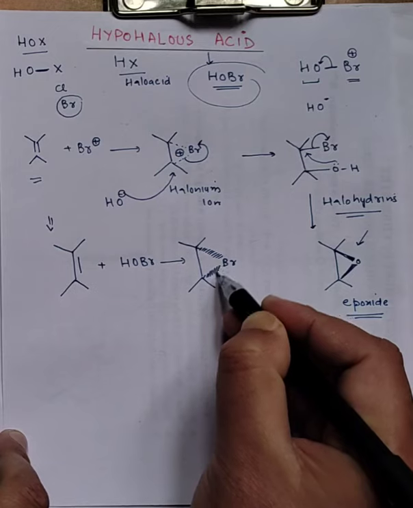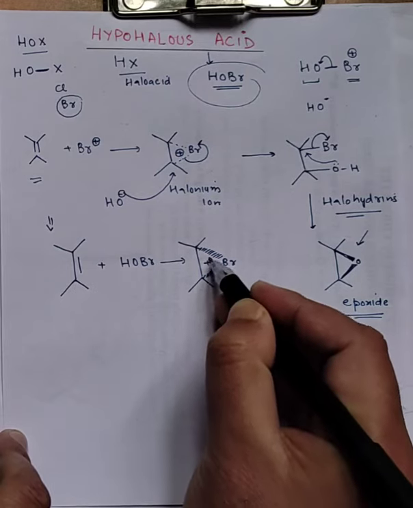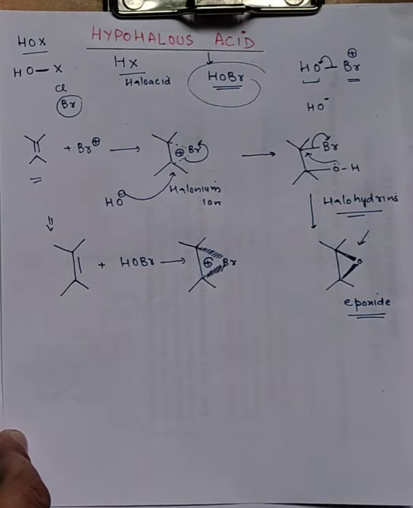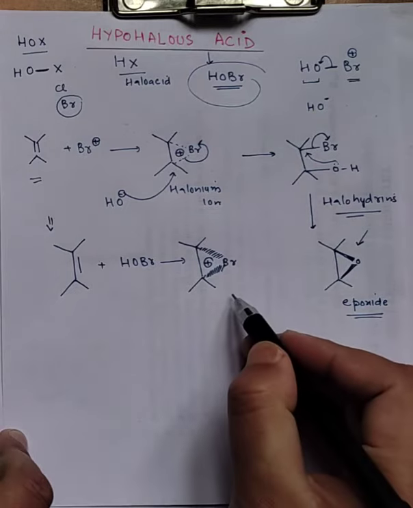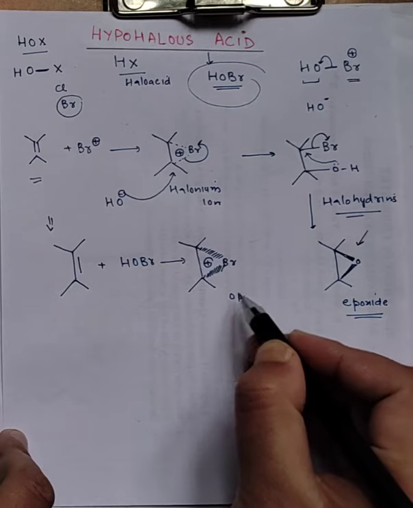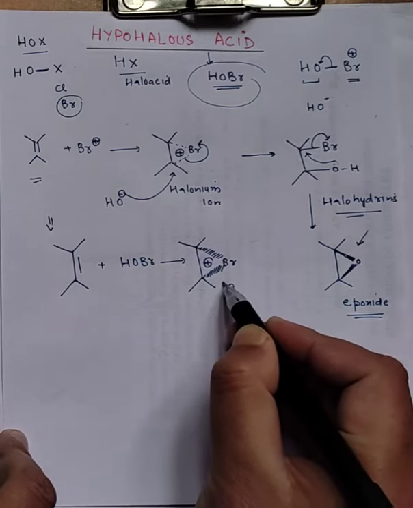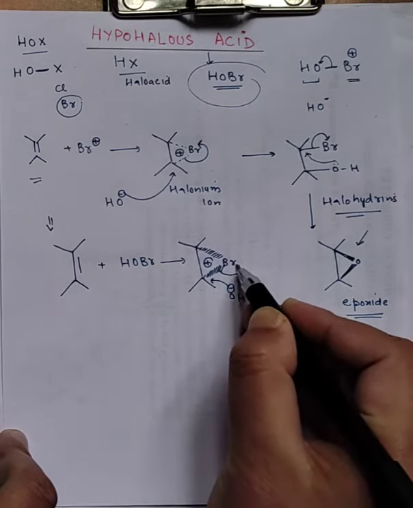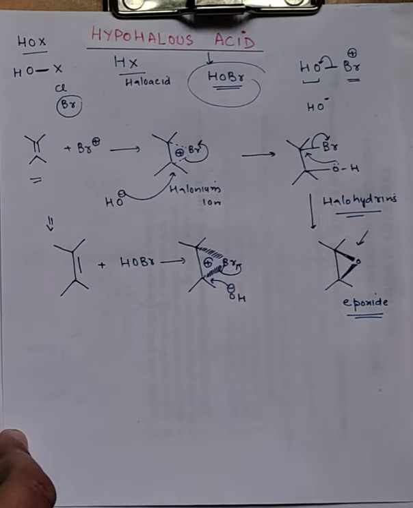So it is below the plane. So this is your bromonium ion, it is below the plane. ठीक. Now once bromine is below the plane, then what will attack the other part, that is the hydroxide. ठीक. So you will get this type of compound.